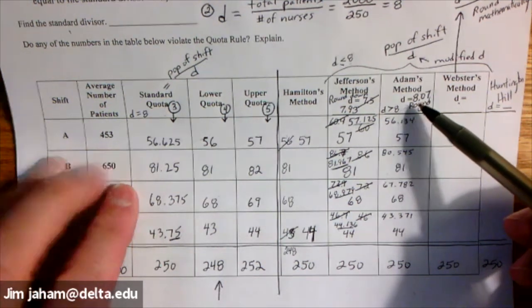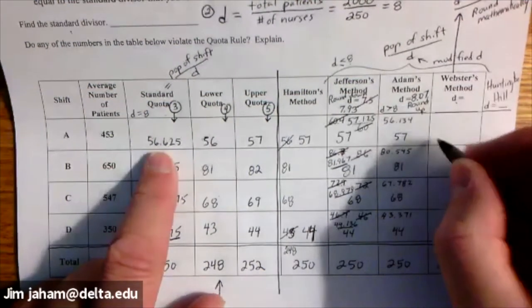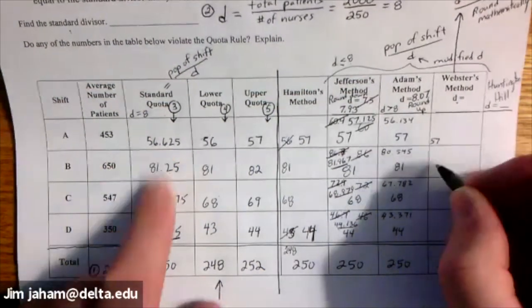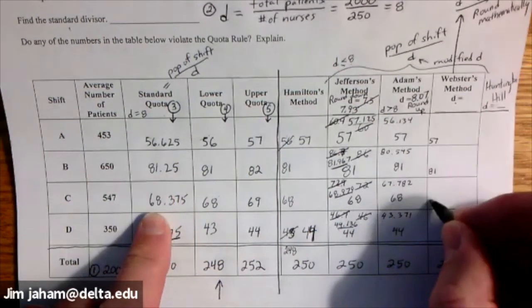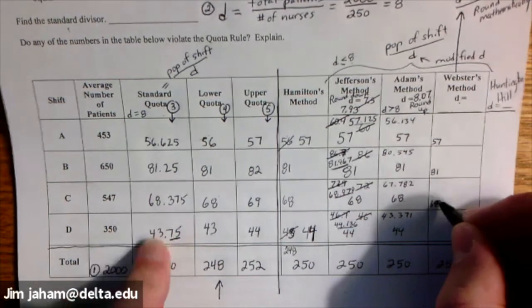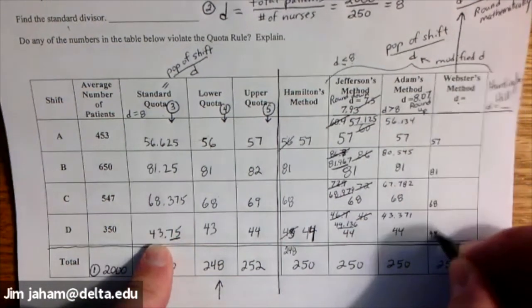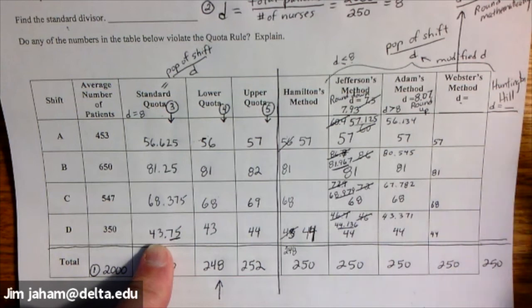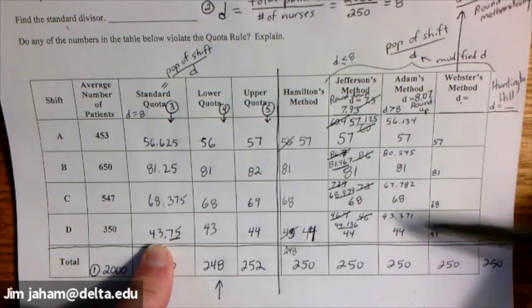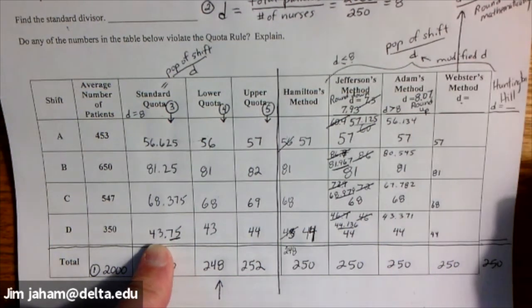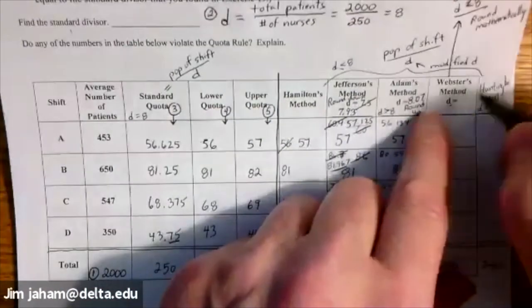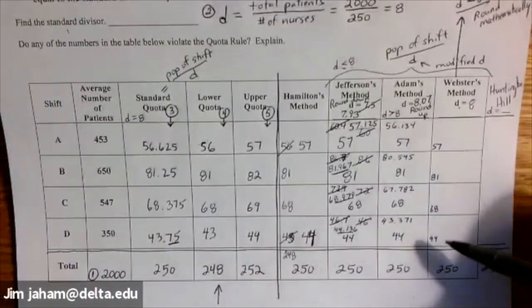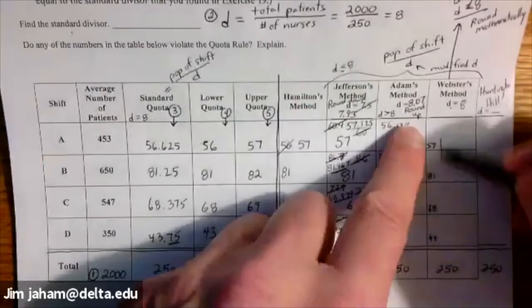So what you could do is you could round this number mathematically, round this number mathematically, round this number mathematically, and same thing here, 44. And look at that, you get it. So you could use D equals 8 here, and it would work out. Let's go see if the next one works out.